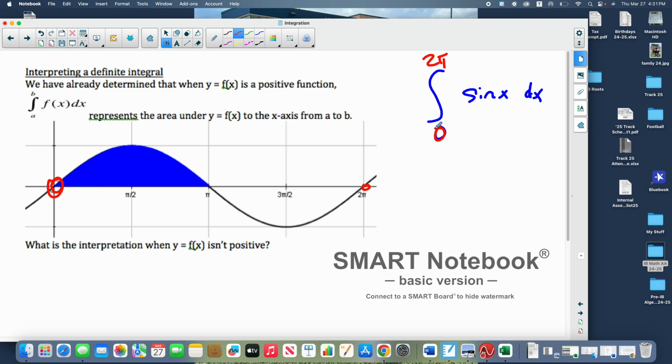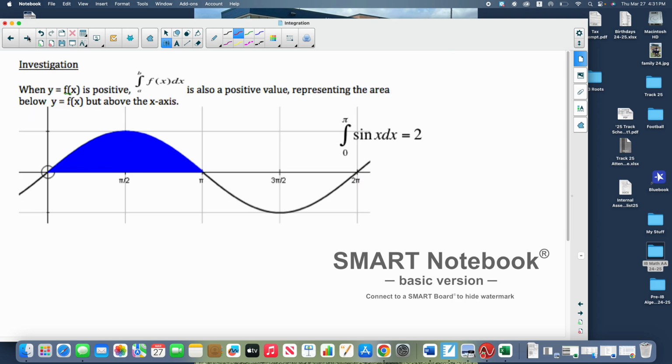The representation that we've done in the notes, they've kind of split this. I'm going to do the antiderivative of this, and they're only doing this first part right here, so we're going from 0 to pi. I can work through this process. The antiderivative of sine is negative cosine plus c.